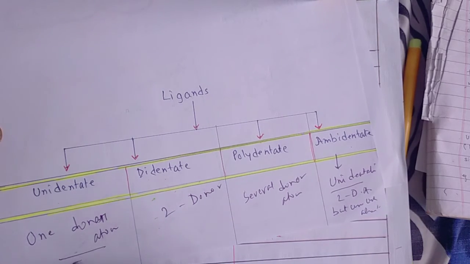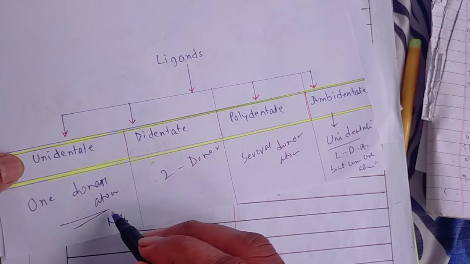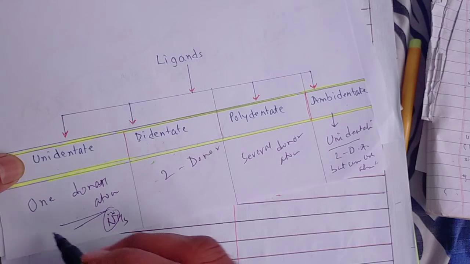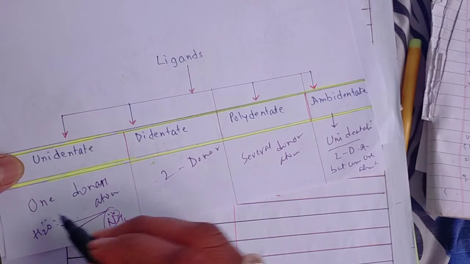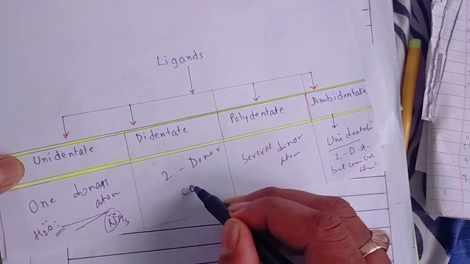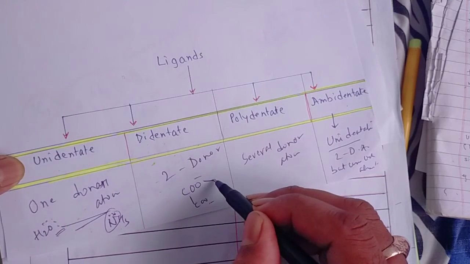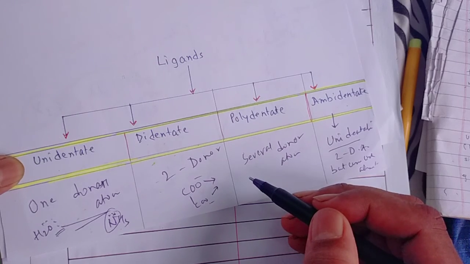So unidentate means, if you have NH3, here nitrogen is the donor atom. If you have H2O, here oxygen is the donor atom. The donor atom is only one. Now two donor atoms, if you have the oxalate ion, C double O and C double O negative, this is one donor atom, this is another. This is called didentate or bidentate.